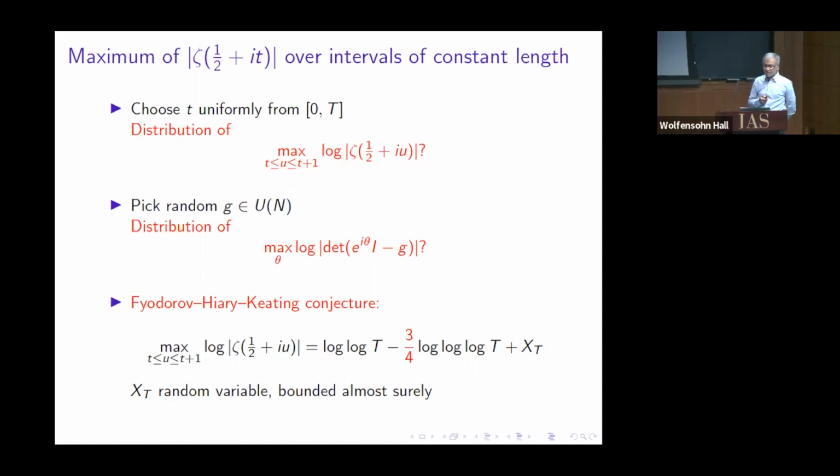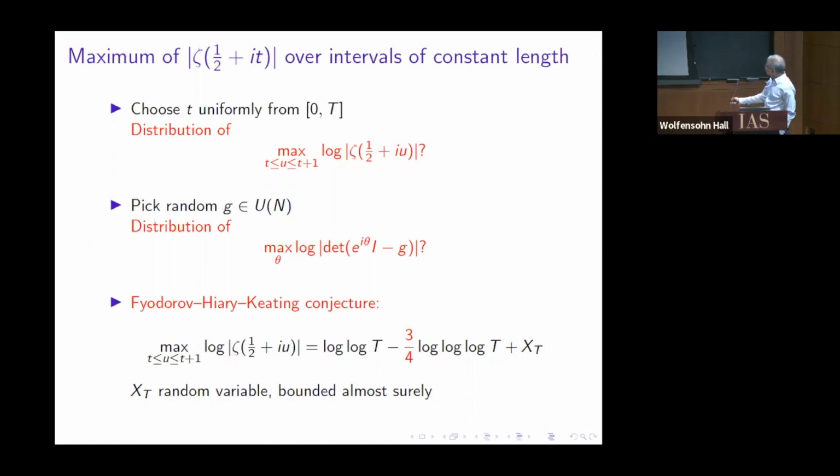That makes sense. And you can think that the zeta function in an interval of length 1 is like one random matrix, so to speak. And so as you vary t, you're basically studying the problem of the maximum of the characteristic polynomial on the unit circle as your matrix varies. So what Fyodorov, Hiary, and Keating conjectured was the distribution of this maximum.